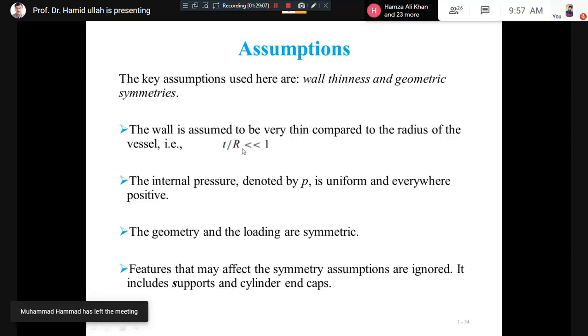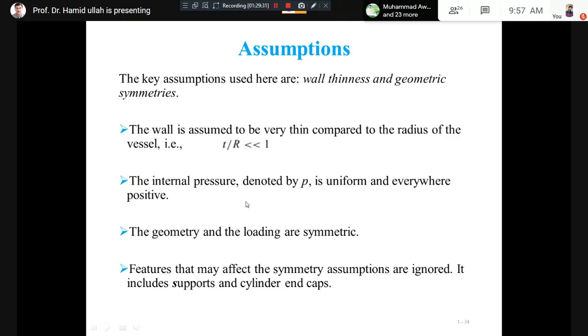Another one, the pressure, small p, which is the pressure exerted by the fluid, is assumed to be uniform and everywhere positive, with atmospheric pressure outside and gauge pressure positive inside. It should be positive, because if it is negative, that will be vacuum pressure.